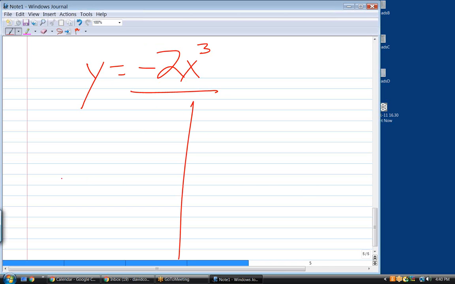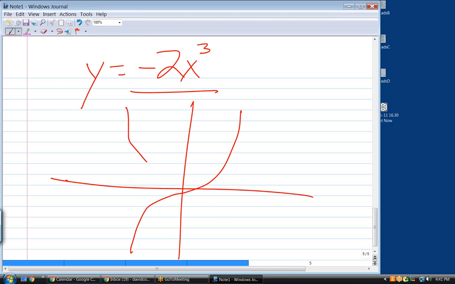Why? Well, because if I were to graph this, that is a reflection, basically, of that over the x-axis. When I reflect this over the x-axis, I get something that looks like that.